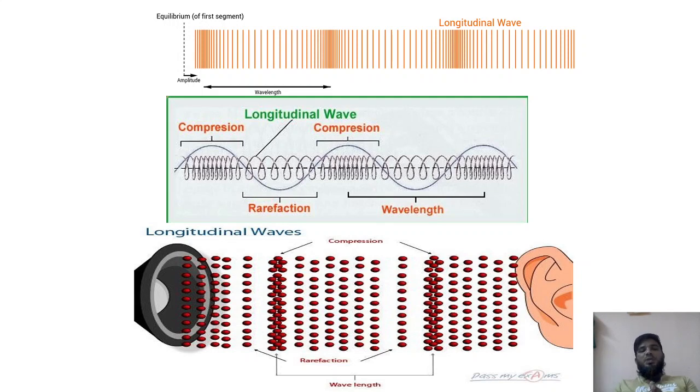When the energy is not transmitted to the next layer, a rarefaction is created. So this is called a longitudinal wave. So what is wavelength? The distance between two adjacent compressions or two adjacent rarefactions is called the wavelength.